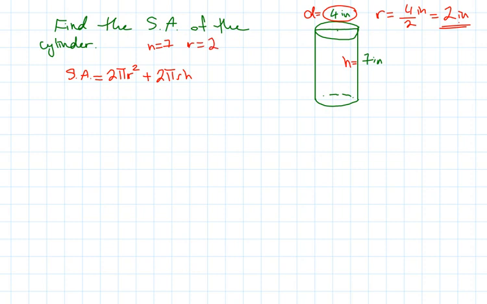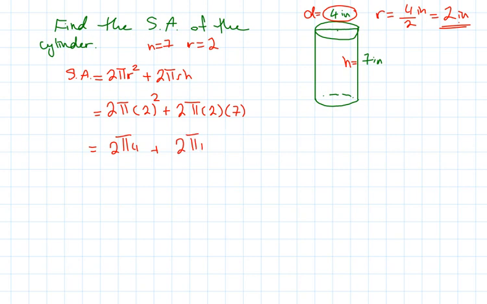When you plug this information into the equation, you have 2 pi times 2 squared, that's for r, plus 2 pi r, which is 2, and h, which is 7. Carry out the operations. You have 2 times pi times 4 plus 2 times pi times 14. You can multiply the numbers here. Of course, the operation is multiplication always.